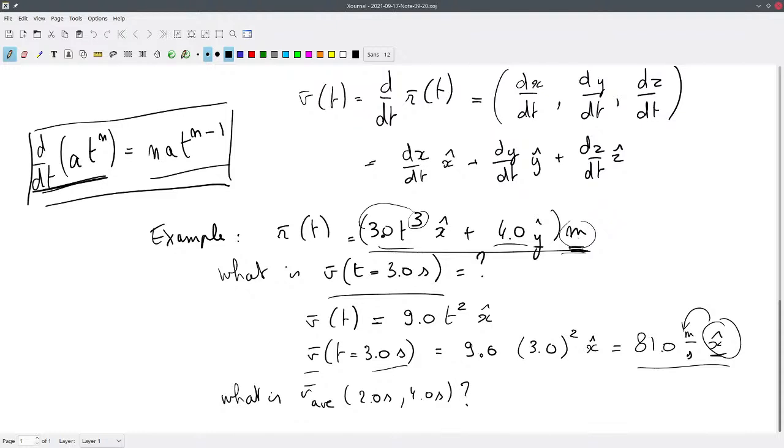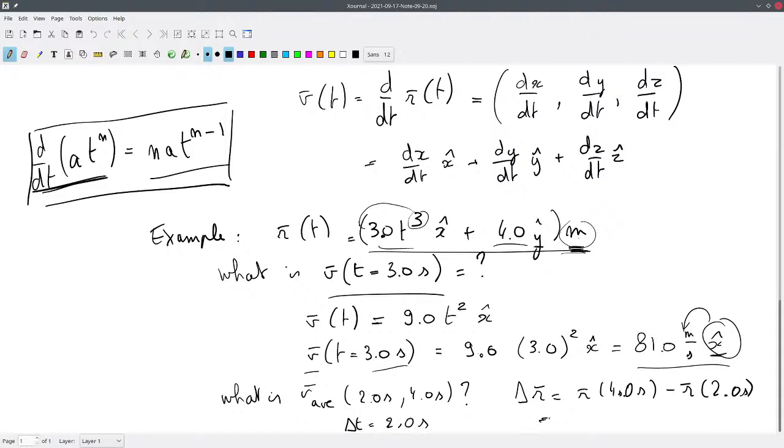One of them would be calculating delta r first, which will be r at 4.0 seconds minus r at 2.0 seconds, and that will be a vector, and then we have to divide it by the time interval delta t, which in this case is of course 2.0 seconds.